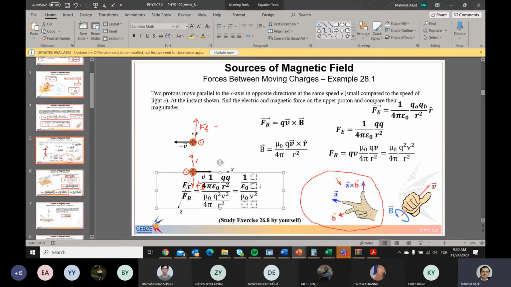And what you have is then 1 over epsilon 0 mu 0 v square.